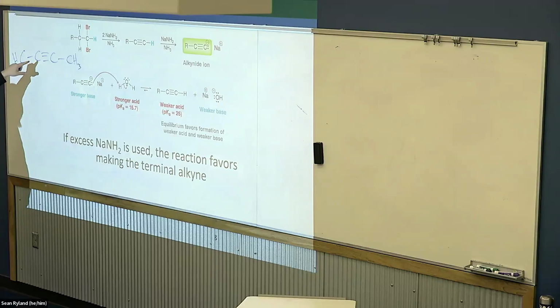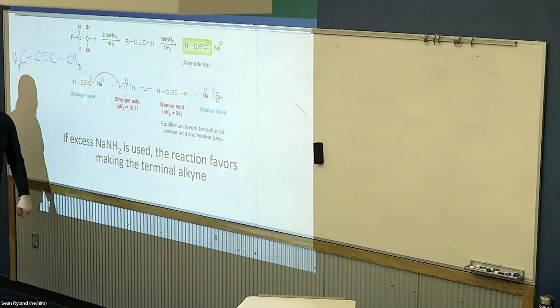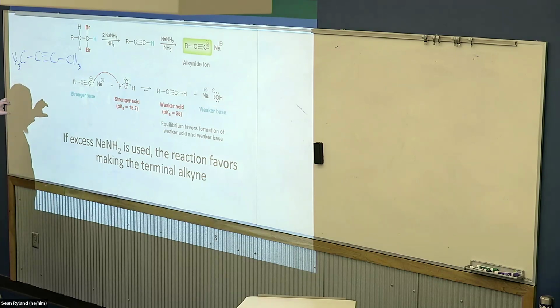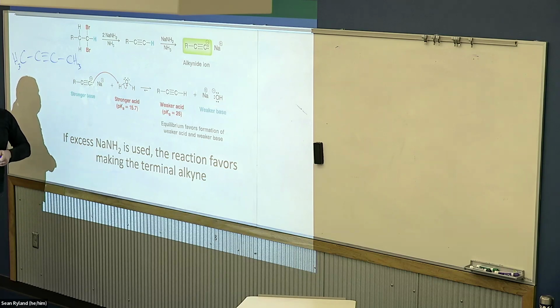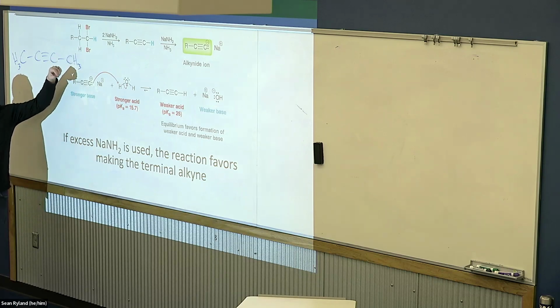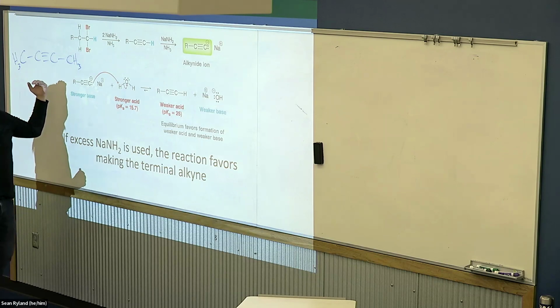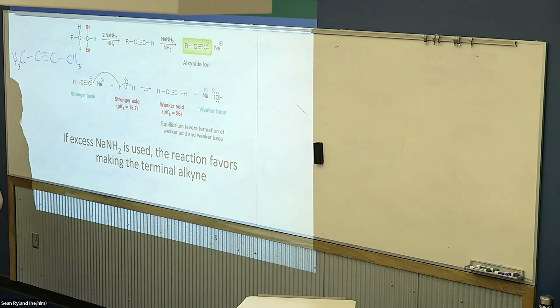With a strong enough base, you can force it to rearrange. So in general, when you add excess sodium amide, not only are you going to go through a double elimination, you'll also force the pi bonds to the end of the carbon chain.